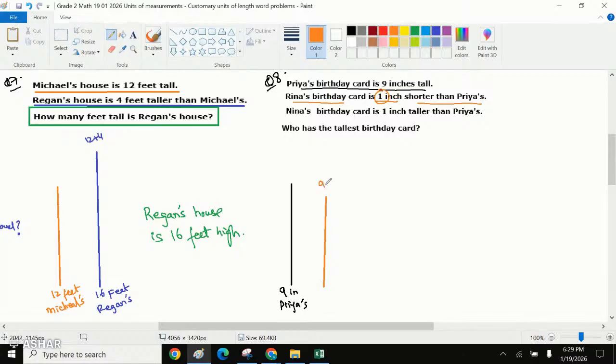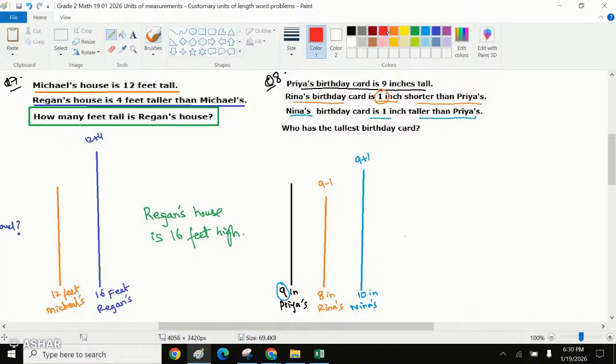That means 9 minus 1 for Reena. And what is 9 minus 1? 8 inches, right? The next one is Nina's birthday card is 1 inch taller than Priya's. That means it should be 1 inch more than Priya's. Priya's card length was 9 plus 1. That means 10. And this is Nina's, 10 inches.